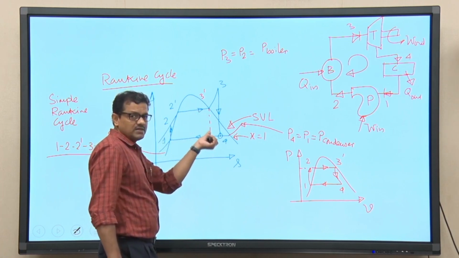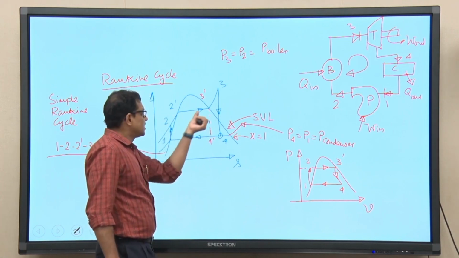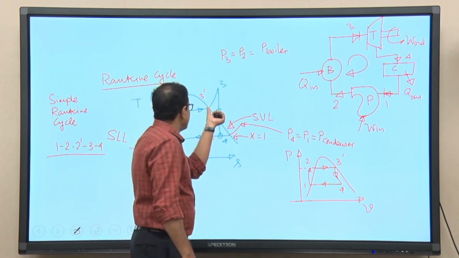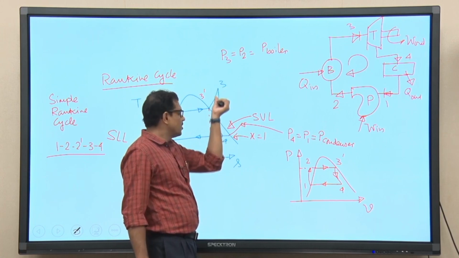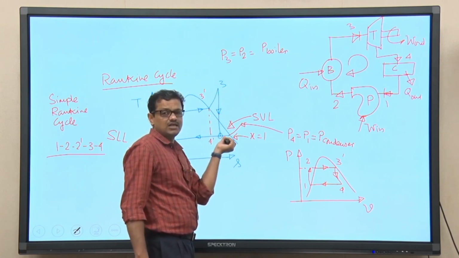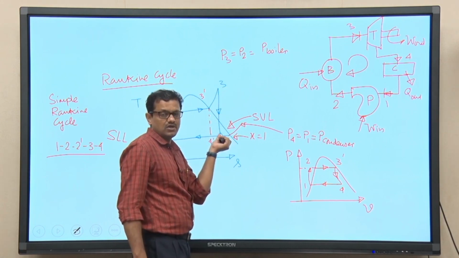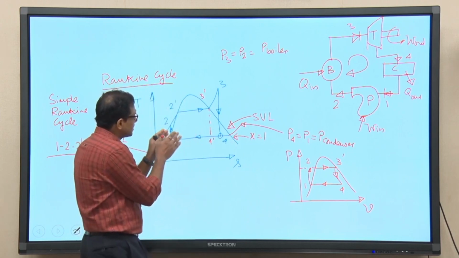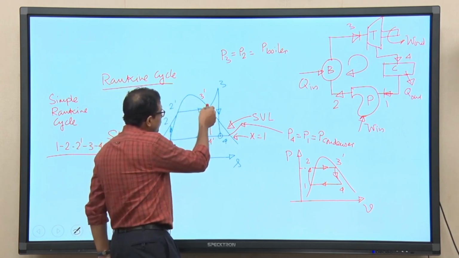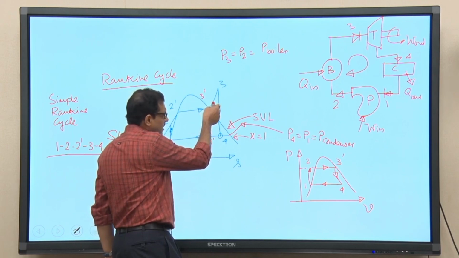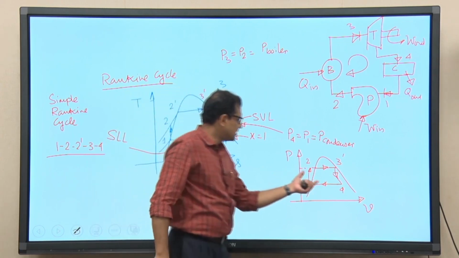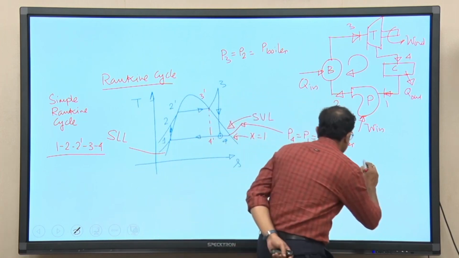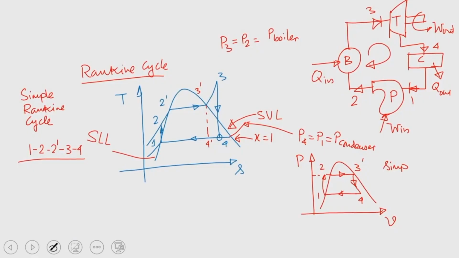Now, provision is there using the cycle that we can superheat steam even beyond 3 prime up to 3, essentially to increase the quality of steam at the exit of the turbine. In the simple Rankine cycle, we can heat up to the saturated vapor line, then we can allow steam to expand isentropically. So, this is the PV diagram for the simple Rankine cycle.